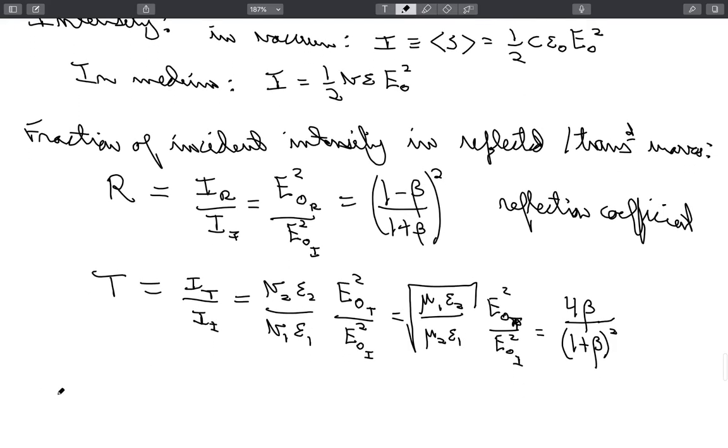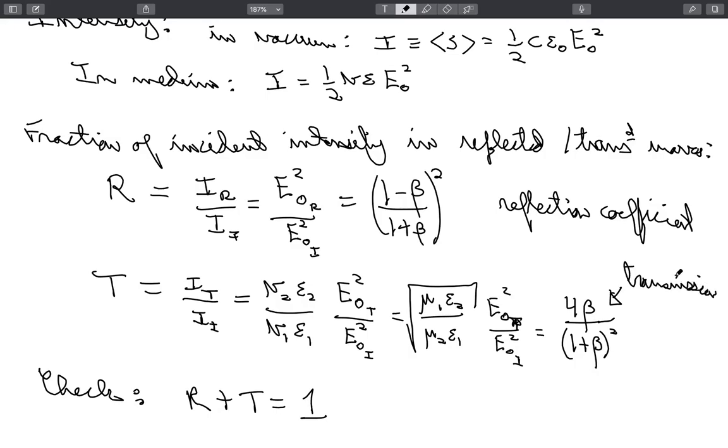As a quick check, we can check that R plus T, that is the sum of the reflected and the transmitted intensity, is equal to 1. And this is the transmission coefficient, of course, so T is just the transmission.